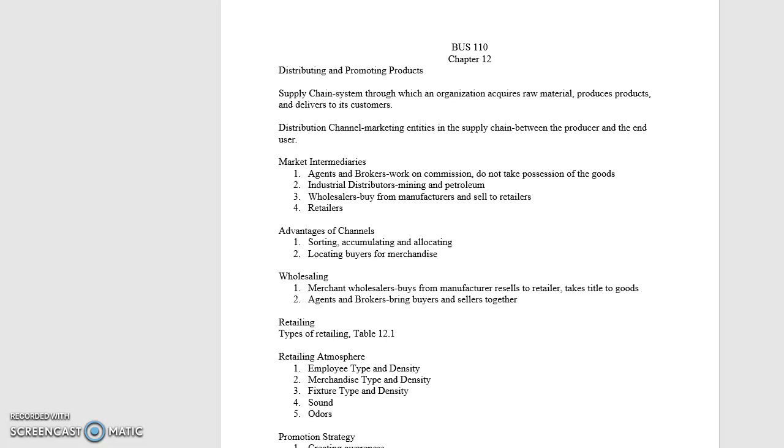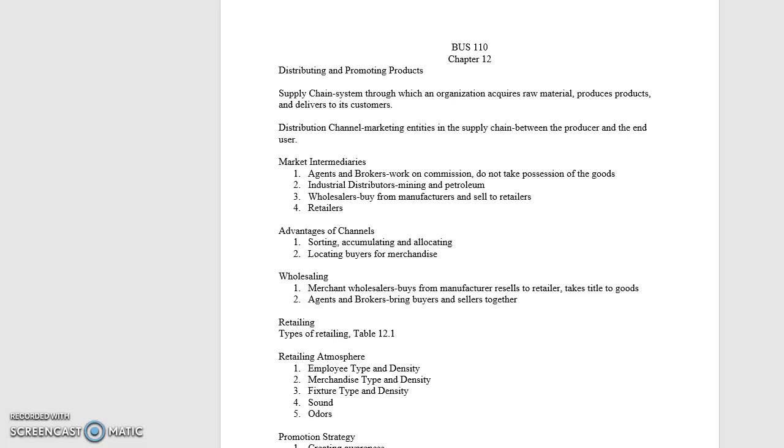Maybe a miner will say, I need 15 pickaxes, and the industrial distributor will say, okay, I've got pickaxes from company ABC, company XYZ, and company H. Which one do you want? Because the distributor is going to have bought all of them, and they work with just that specific industry.